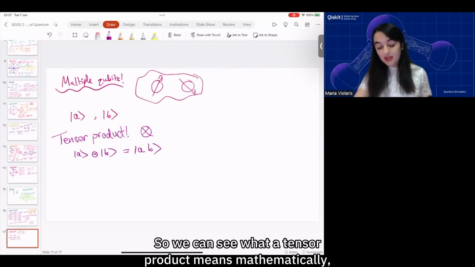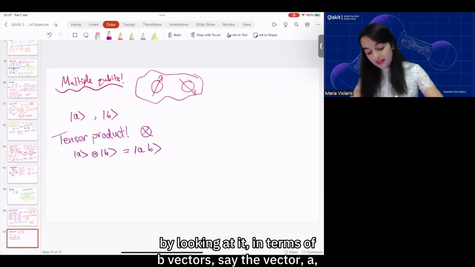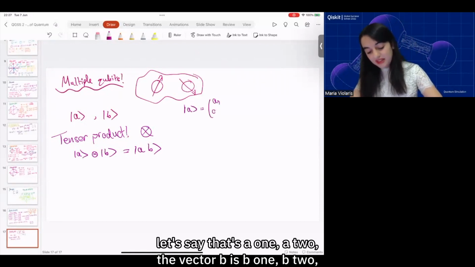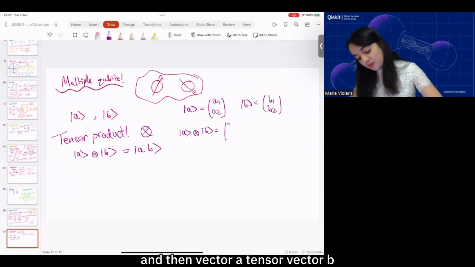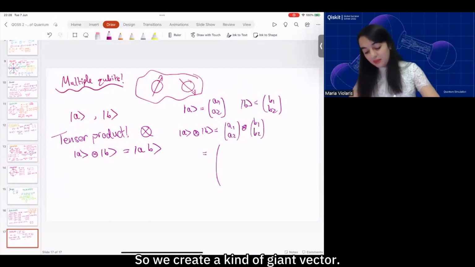So we can see what a tensor product means mathematically by looking at it in terms of the vectors. So the vector A, let's say that's A1, A2. The vector B is B1, B2. And then vector A tensor vector B means that we do each element of A multiplied by all the elements of B. So we create a kind of giant vector.